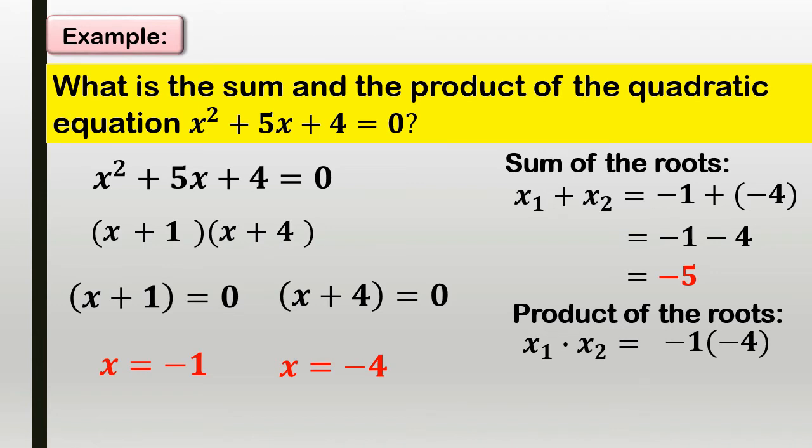So, negative 1 times negative 4, it will become equal to positive 4. Therefore, the sum and the product of the roots of the quadratic equation x squared plus 5x plus 4 equals 0 are negative 5 and positive 4.